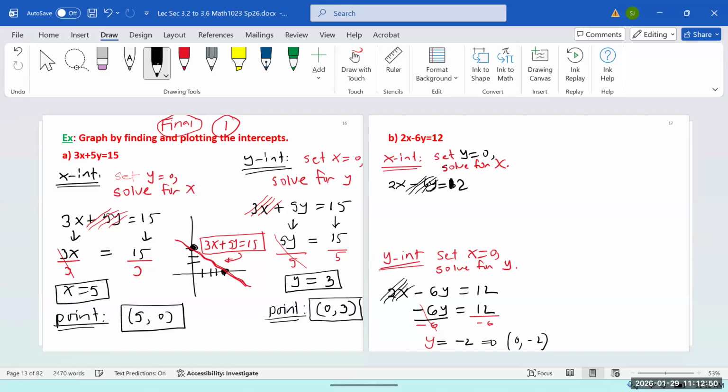So then we will have to divide by 2 on both sides. 2x equals 12, divided by 2, x equals 6, 0. Perfect.